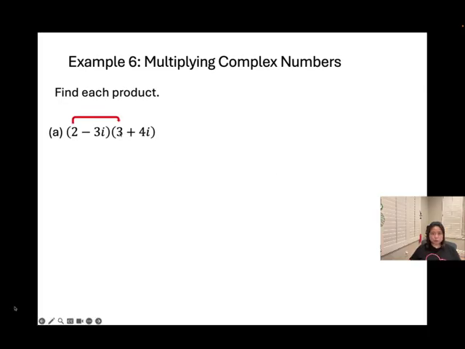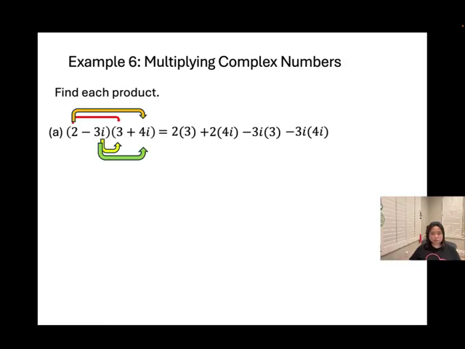So use the FOIL method. So 2 times 3, I'm gonna get the 6. And then 2 times 4i here. Okay, and then here, negative 3i times 3. And then negative 3i times 4i. Okay, do your calculation.